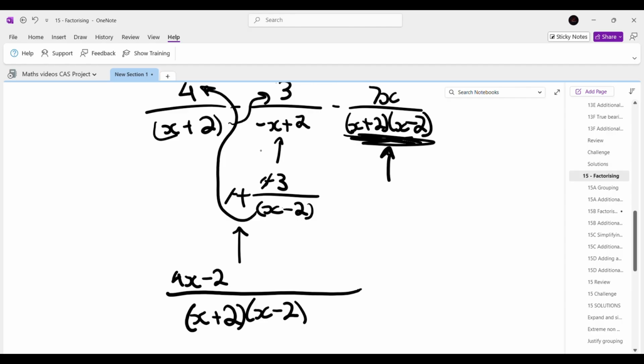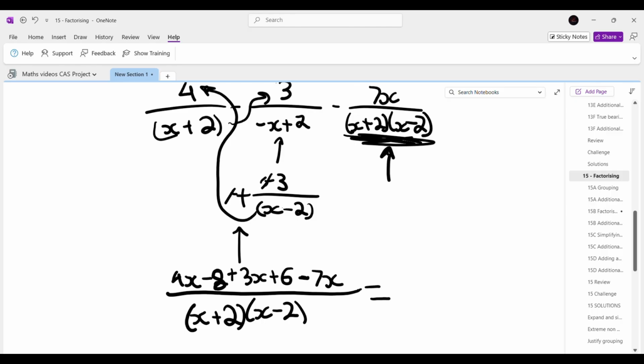It's no longer minus, remember, it's a positive because we've cancelled out this negative, so it's just plus 3x plus 6. Actually, I forgot to do something here. It's 4x minus 8 because it's minus 2 times 4, so it's just minus 8. And then we have minus 7x over here.